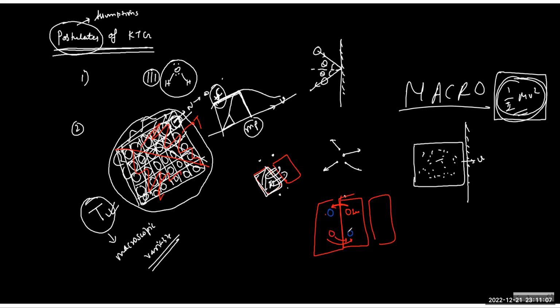Order. So we are against nature, isn't it? As humans, we want to keep things ordered, which is against nature. Nature wants everything in disorder.